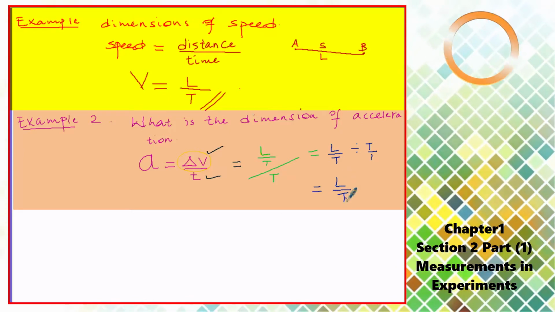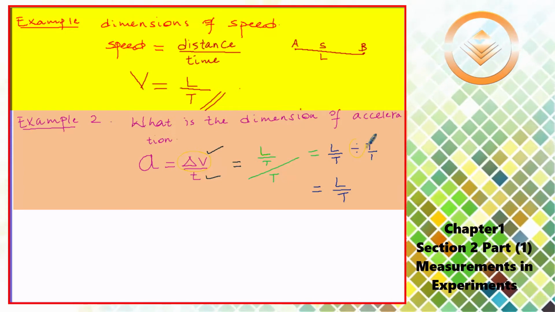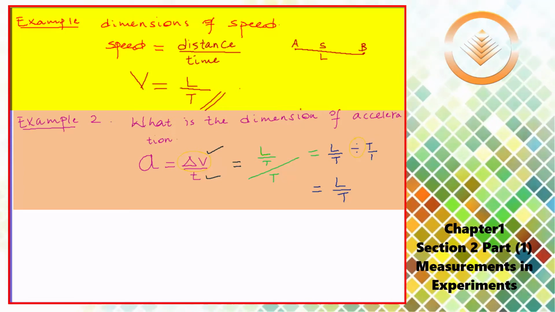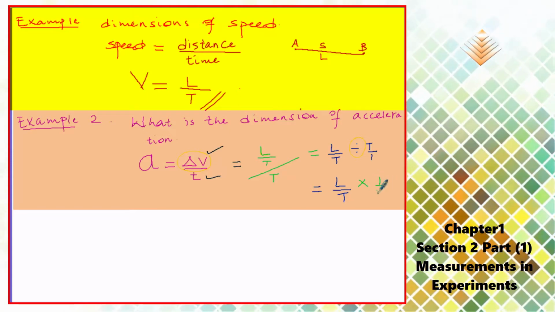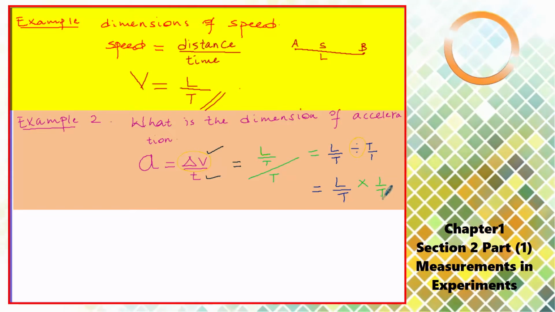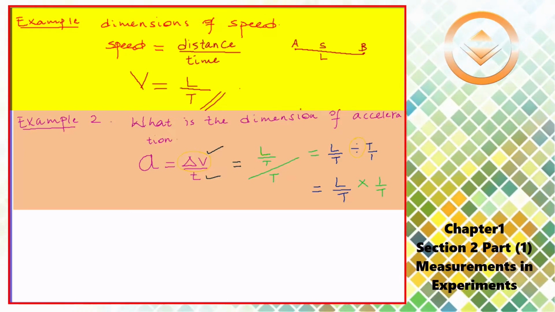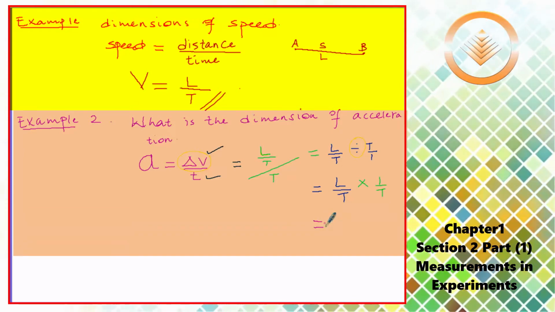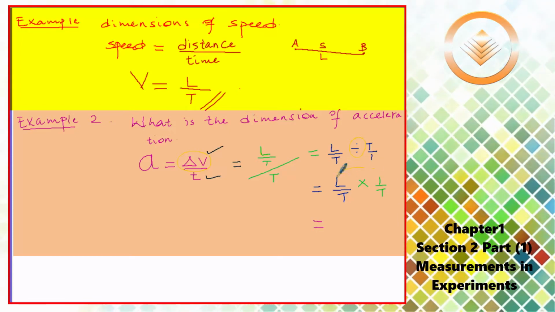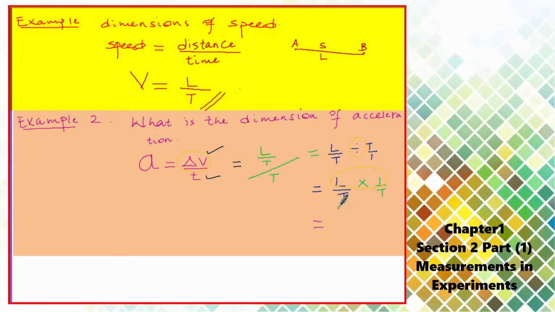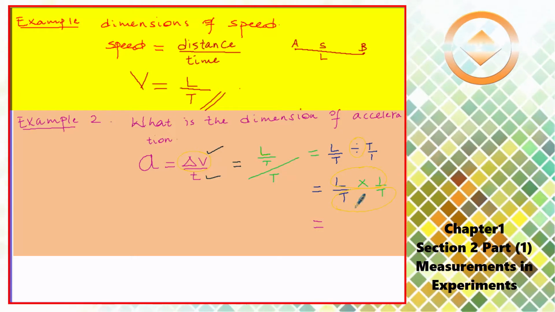Whenever we change this division to multiplication, I will reciprocate the second expression, that is 1 over T. So this is L multiplied by 1, multiplying the numerators together and the denominators together.